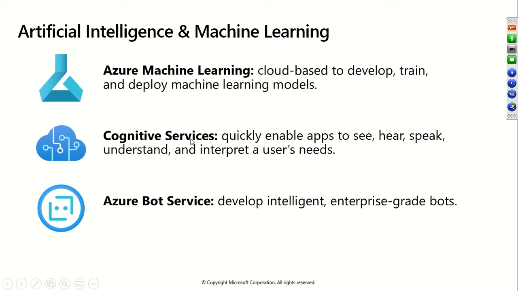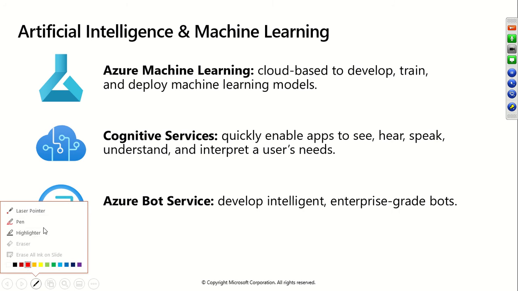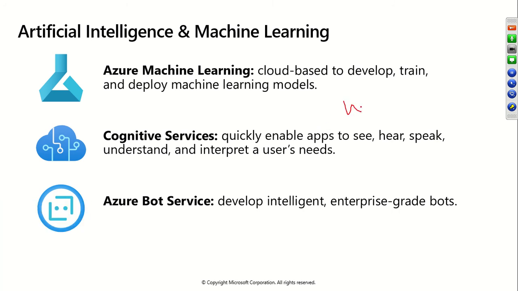What are cognitive services? Cognitive services are services that can help you to enable your applications. What are applications in this case? Your web portal. It can enable your application, like your web portal, to be able to see, to hear, to speak, to understand, and interpret the needs of the user.